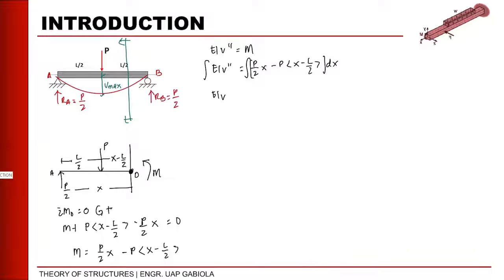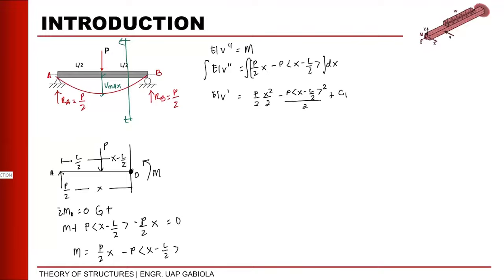That is the modulus of elasticity E, and then I is yung moment of inertia natin, cross section. Okay, so integrate mo lang to, we will have P over 2 x squared over 2 minus P times (x minus L over 2) squared over 2 plus, since nag-integrate tayo, meron tayong integration constant na C1. Okay? So ito yung sa slope natin.